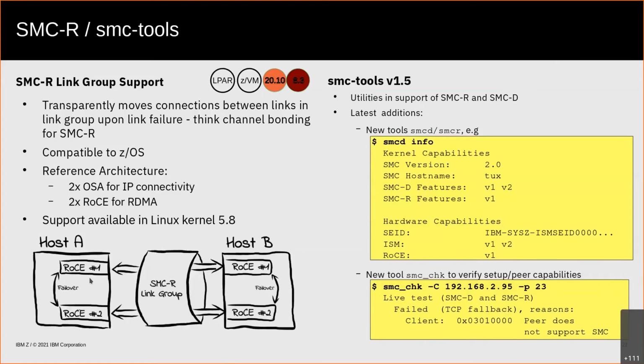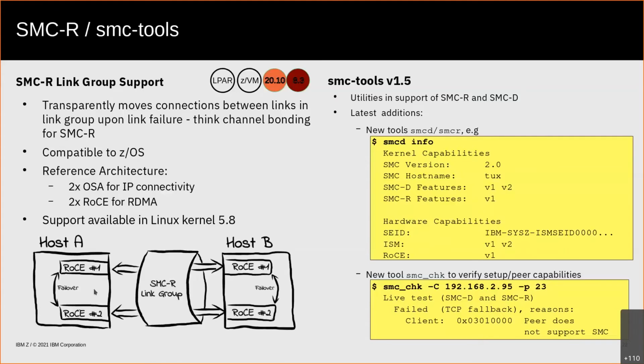Previously, z/OS was able to take advantage of multiple RoCE Express adapters and possibly fail over to a still working one in case one went down. With Linux that didn't work, we only could take advantage of a single port. And with link group support, this is being changed.